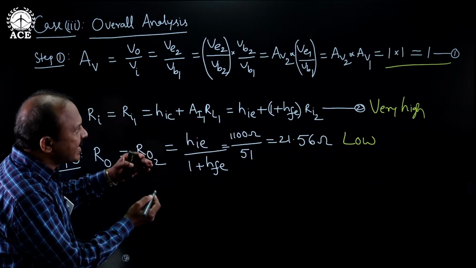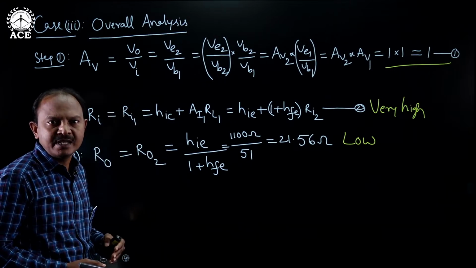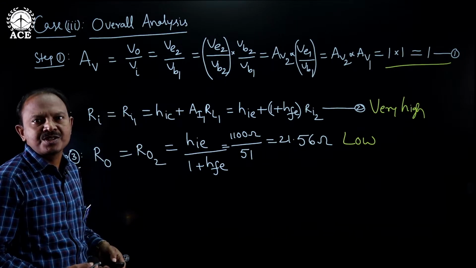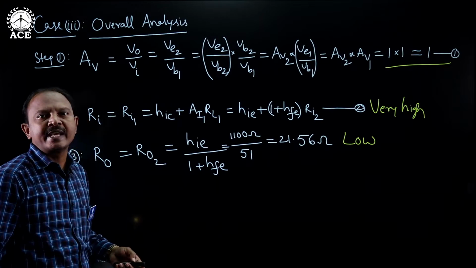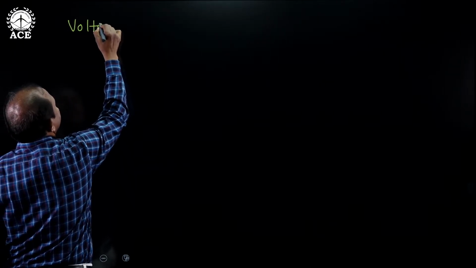Now let's compare these three parameters of the Darlington pair amplifier with the characteristics of a voltage buffer. I will consider the voltage buffer as reference here.